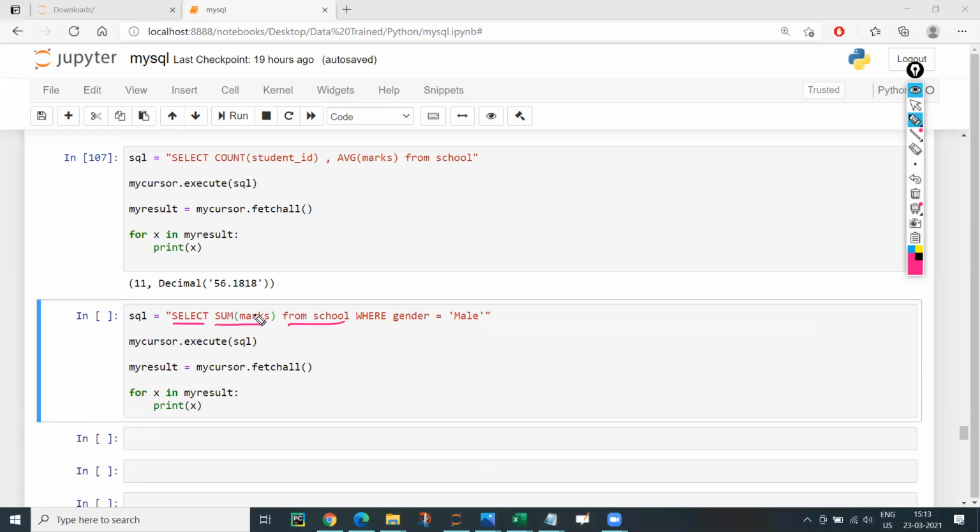In this school, I need the total marks, and here I'm looking gender wise. So for that, I'm going to use a where condition, where gender equal to male. So it means for gender male, what is the total marks? I may have 5 or 6 or 7 male students, and I want the total of all those students.